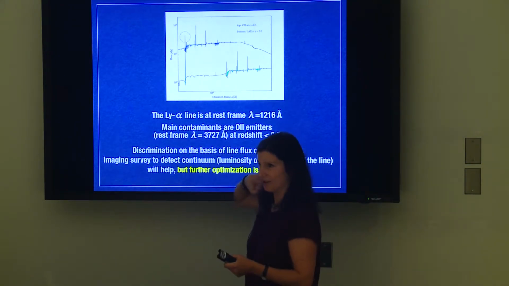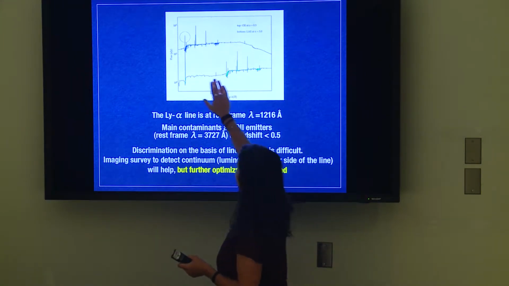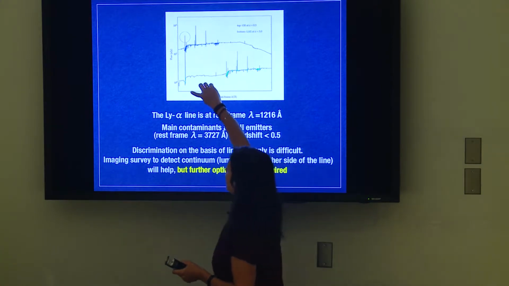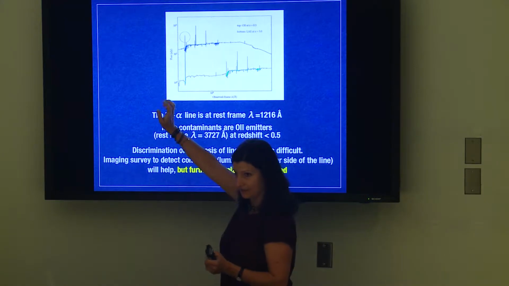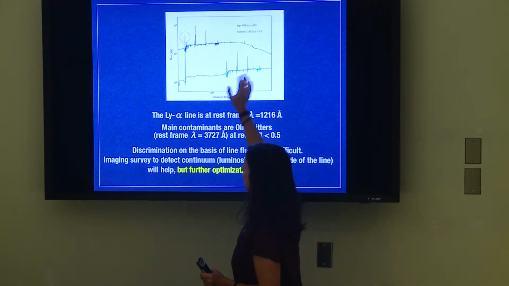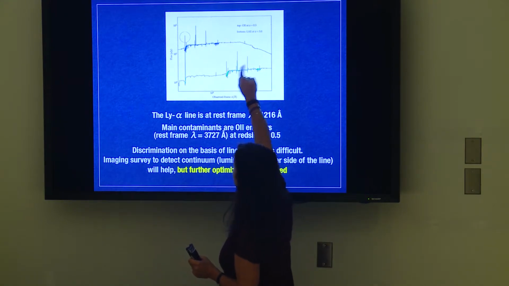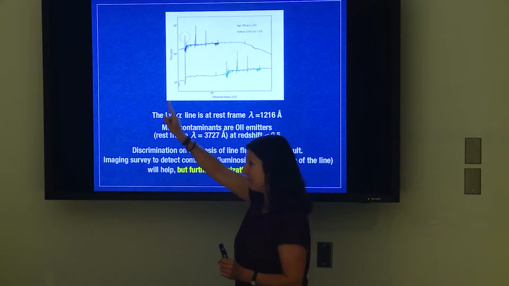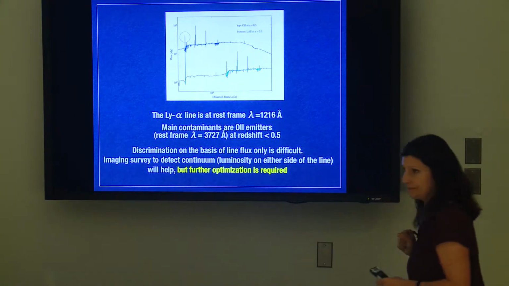We want galaxies like the green ones, the ones that are far away, because in this case we will be selecting the Lyman alpha line. And we want to make sure that none of the nearby objects, the blue ones in this plot, are mistakenly contaminating our survey, where we look at an emission line and think that it's Lyman alpha, but instead it's oxygen II.